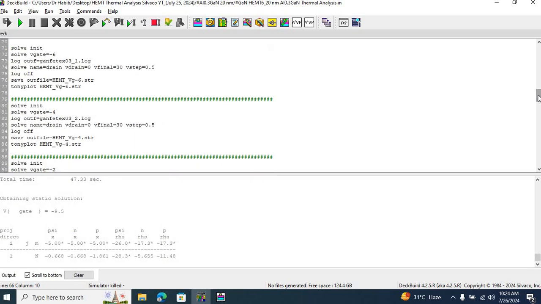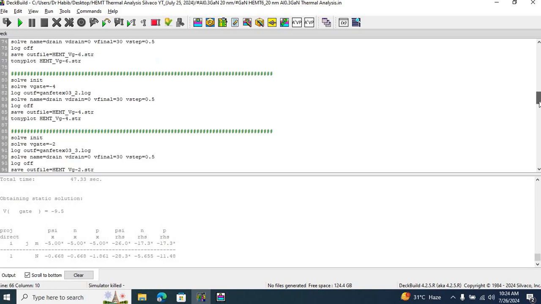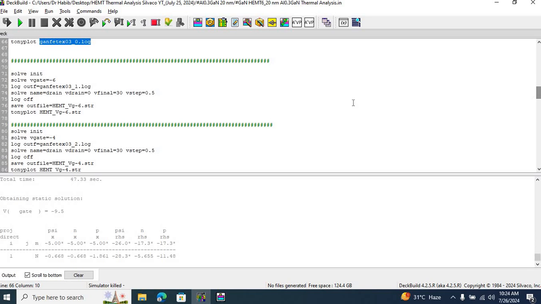Now I want to look at ID versus VDS characteristics, or the drain current versus the drain voltage characteristics at different gate voltages. For this purpose I'm employing 4 different gate voltages: a gate voltage of minus 6 volts, a gate voltage of minus 4 volts, a gate voltage of minus 2 volts, and a gate voltage of 0 volts. At each of these gate voltages I've ramped up the drain voltage from 0 to 30 volts.